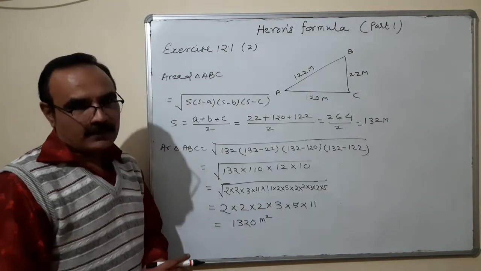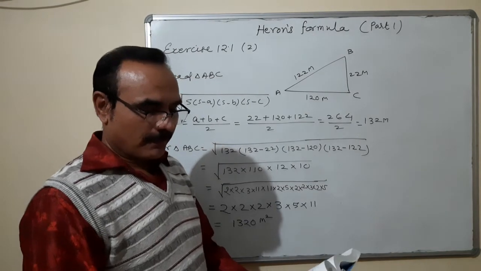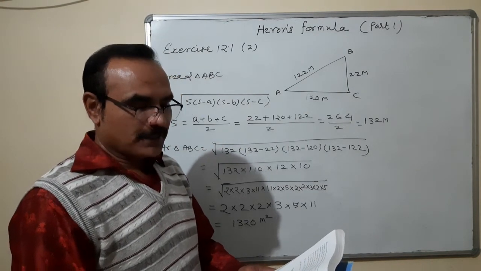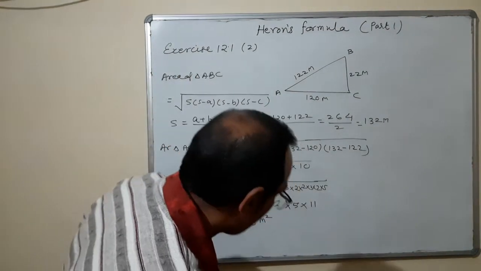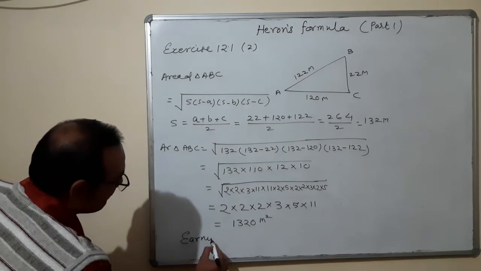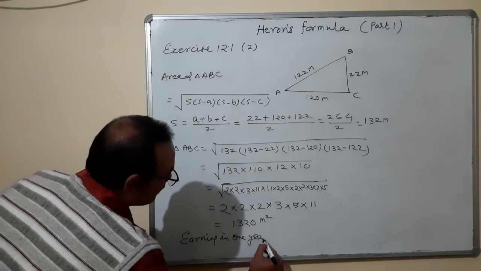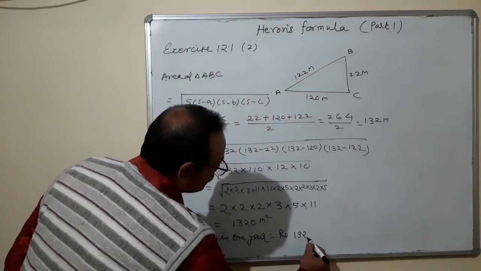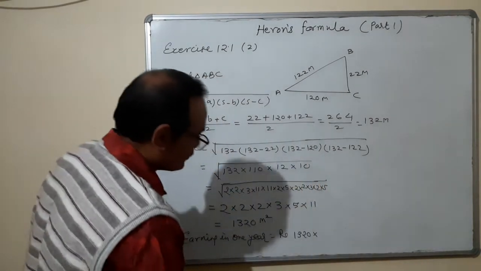Second line of this question, which is given: advertisement yields an earning of rupees 5,000 per meter square per year. Okay. So earning in 1 year is equal to 1320 multiplied by 5,000.